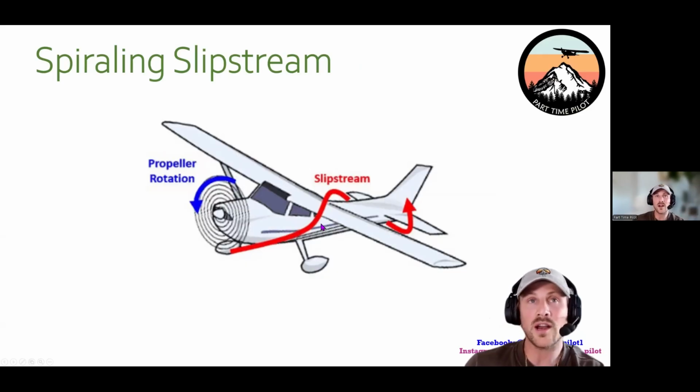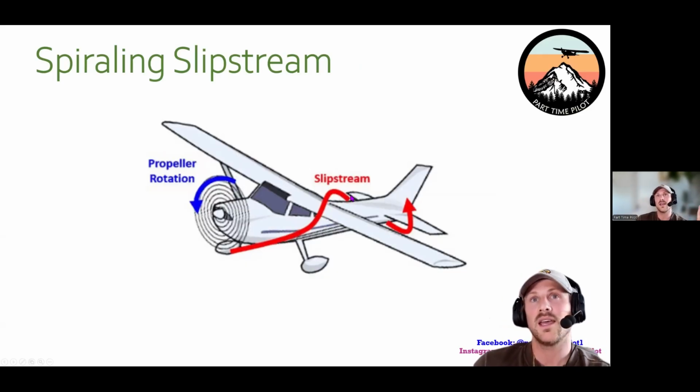And in most trainer aircraft, the way they're designed, it wraps itself, and the majority of it pushes on the left side of our vertical stabilizer or our rudder. And when it pushes our tail to the right, our nose is going to go to the left. We're going to yaw to the left.